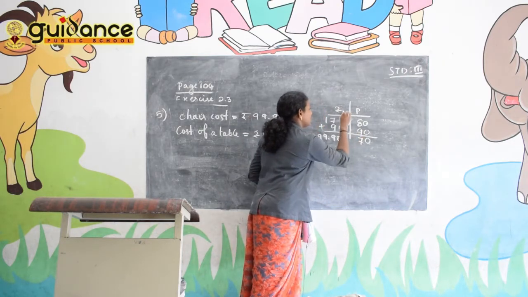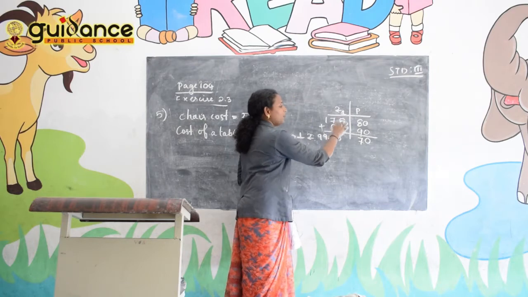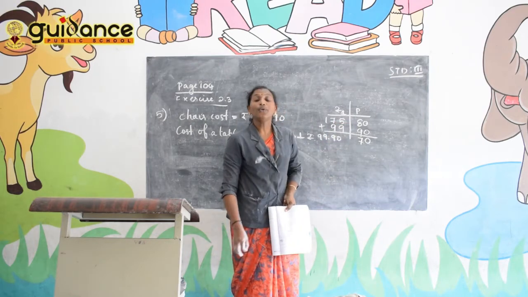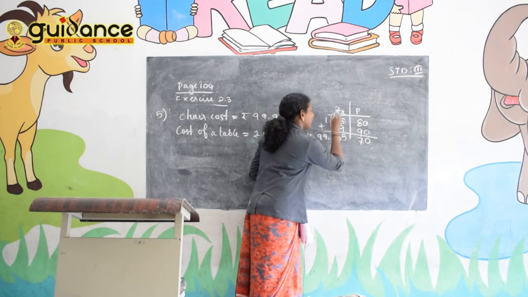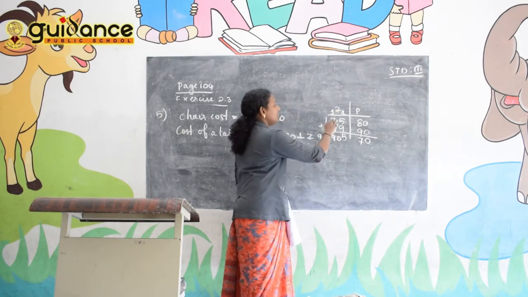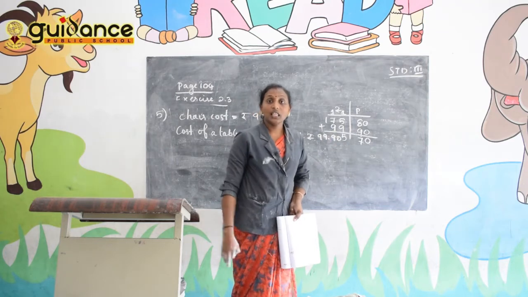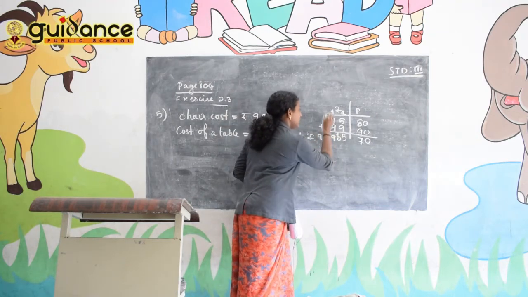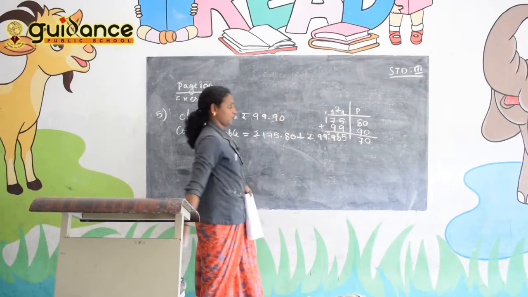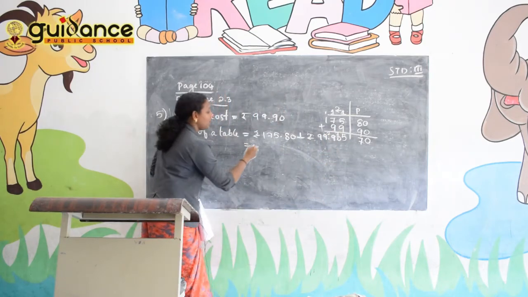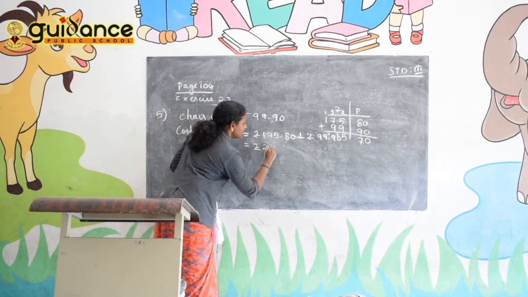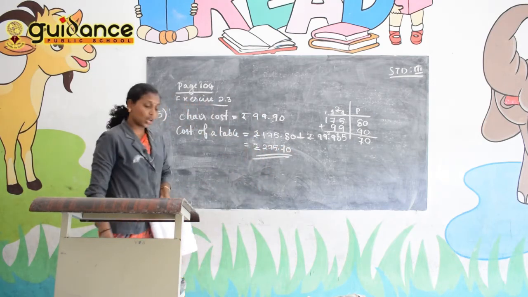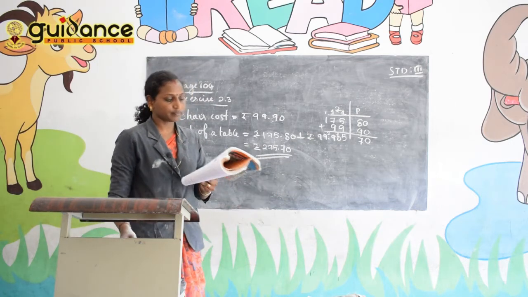Write 7. 1 is in the carryover. 5 plus 1, 6. 6 plus 9, 15. Write 5. Again 1 is a carryover. 7 plus 9, 16. Plus the carryover, 17. Then 1 plus 1, 2. So what is the cost of a table? 275 rupees 70 paise. That is the cost of a table.